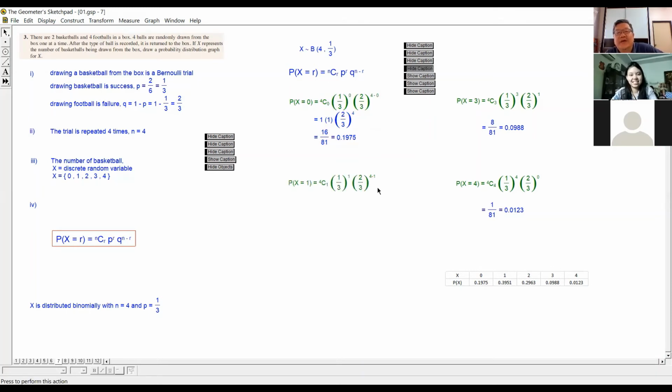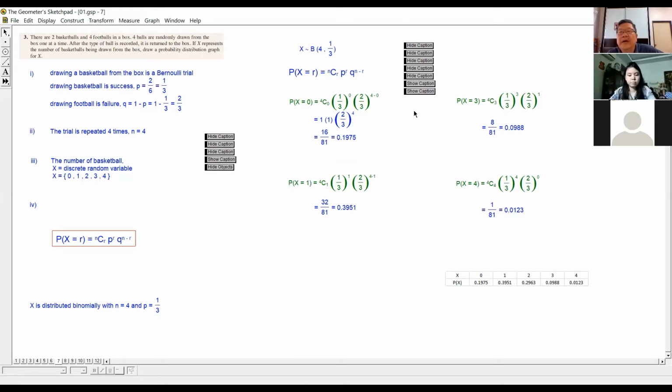So 4 choose 1, 1/3 to the power 1, 2/3 to the power 3. So how to find 32 over 81? This is 4 times 8. 2 to the power 3 is 8. So it's 32. The bottom is 3 to the power 4, 81.